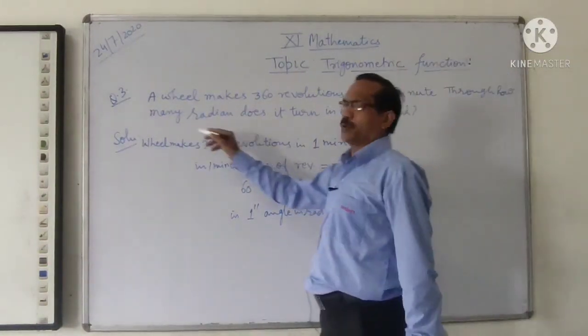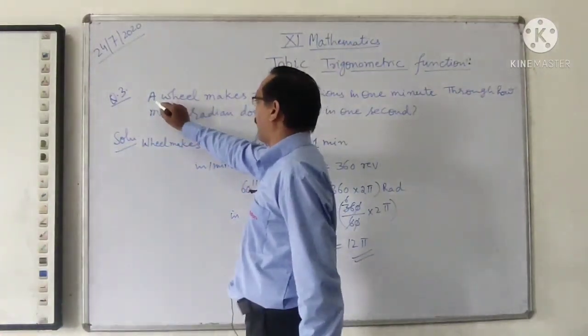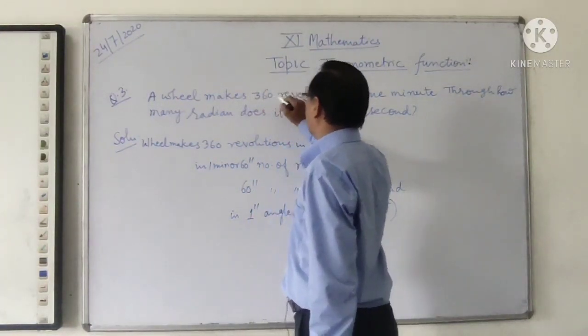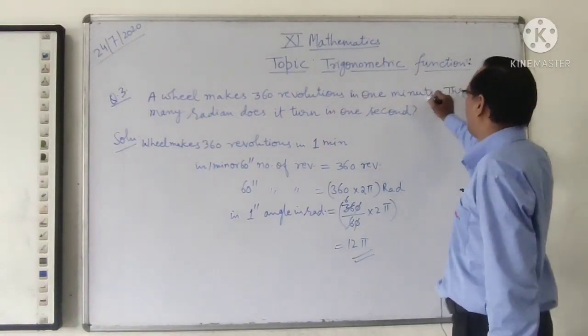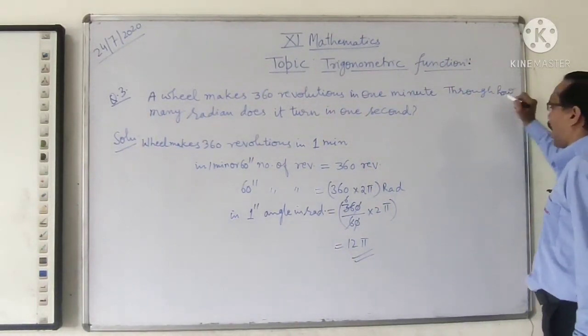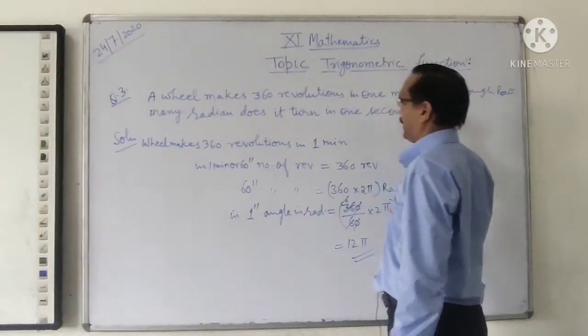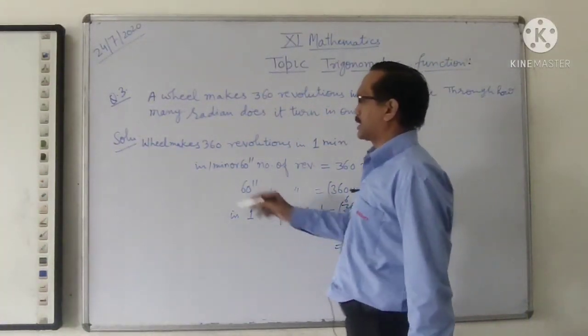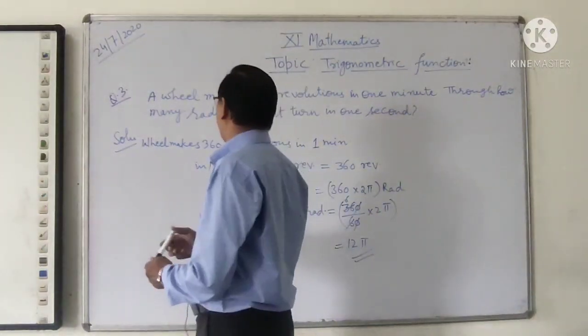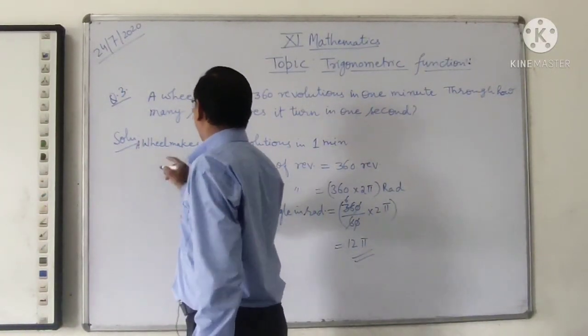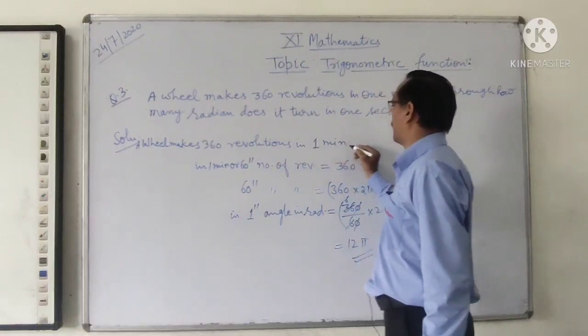Students, now it is question number 3. The question is, a wheel makes 360 revolutions in 1 minute. Through how many radians does it turn in 1 second? Now see the solution. A wheel makes 360 revolutions in 1 minute.